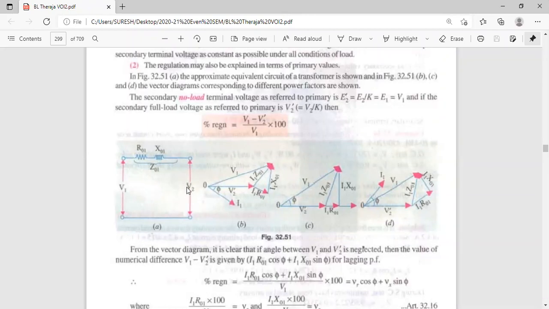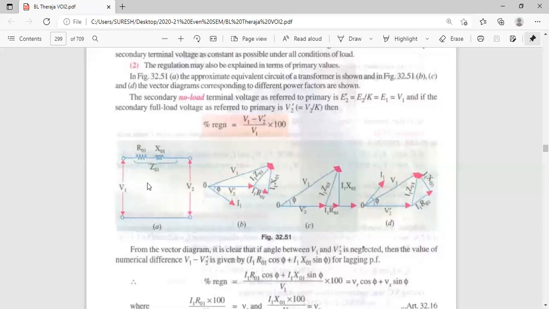Now bring the negative terms to the right hand side. V1 minus V2 on the left side you keep, on the right hand side bring I1 into Z01. What do you mean by V1 minus V2?